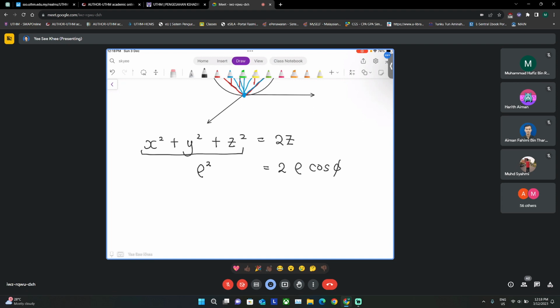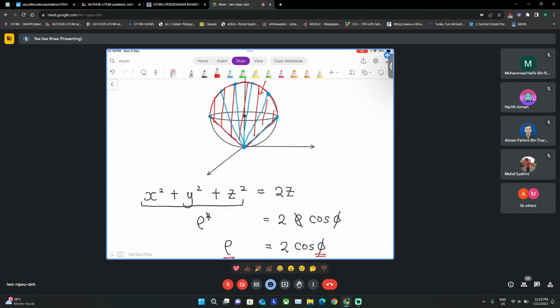So this is power 2, and you can cancel one, leaving power 1 over here: rho equals 2 cos phi. Meaning that now your rho depends on the value of your phi.